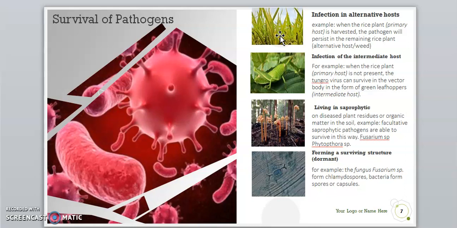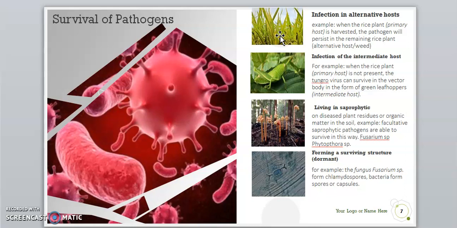For example, when the rice plant, the primary host, is harvested, the pathogen will persist in the remaining rice plant or in the wheat or in the alternative host. We can say that.